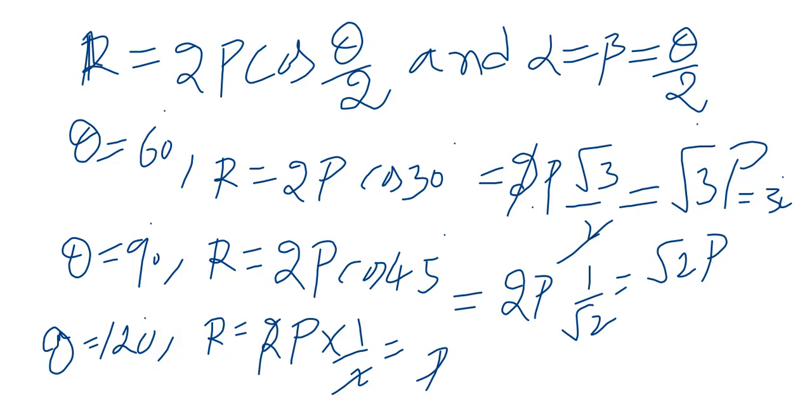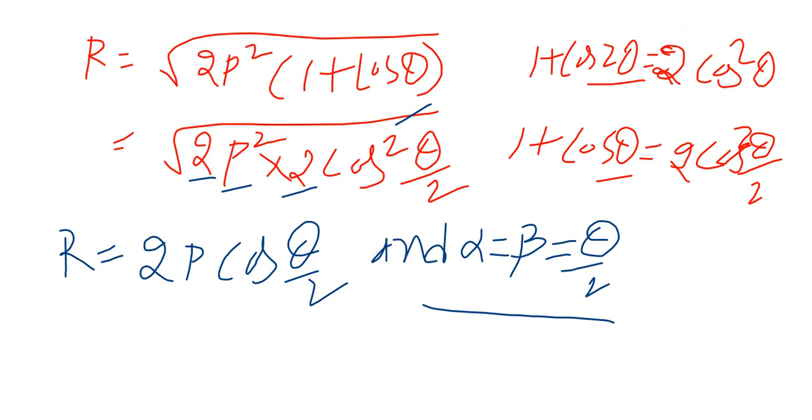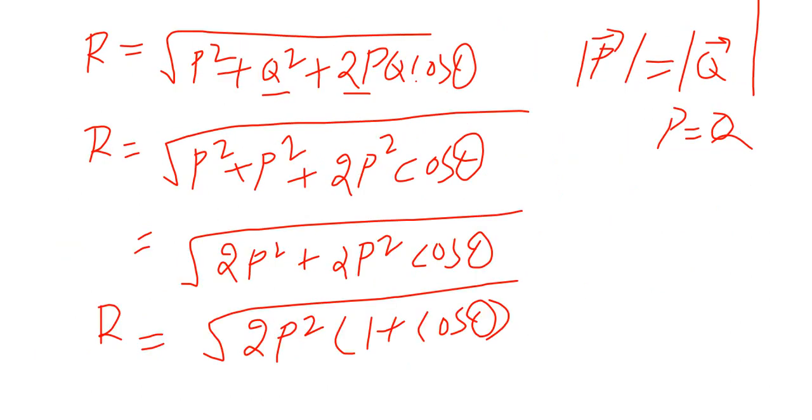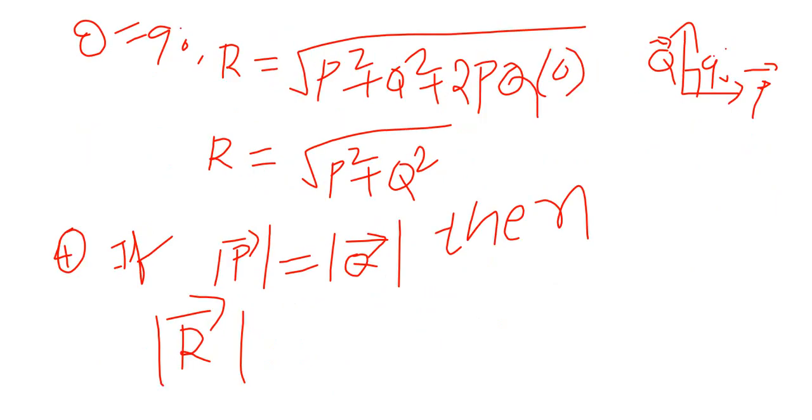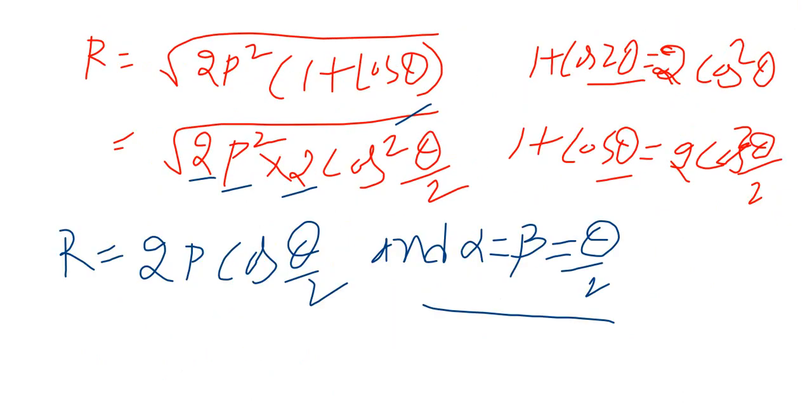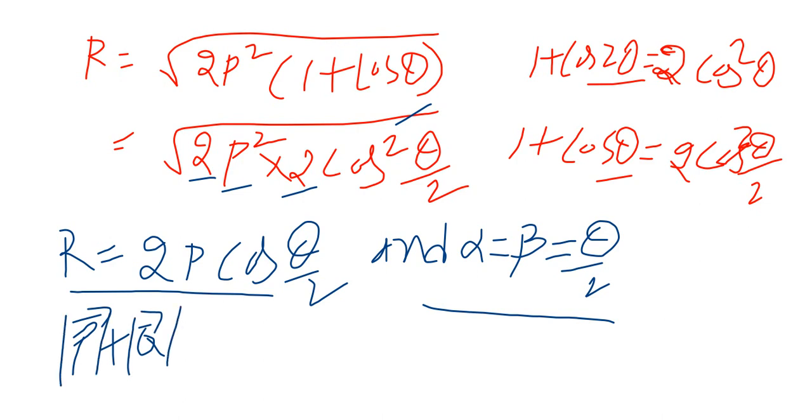Another one: here we discussed that when P bar is equal to Q bar, then R is equal to 2P cos theta by 2. That means the magnitude of P bar plus the magnitude of Q bar is equal to 2P cos theta by 2.